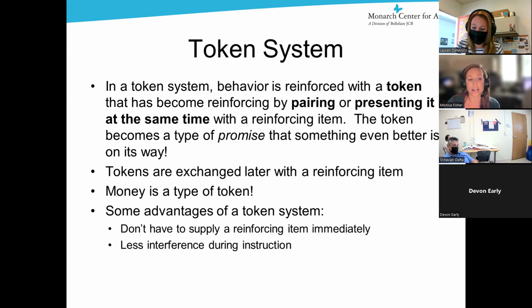Money is the classic example of a token, right? We can take our money and buy lots of reinforcing things with it. It's like, hey, I'm going to give you this token or this dollar, and you can exchange it later for things that you want.